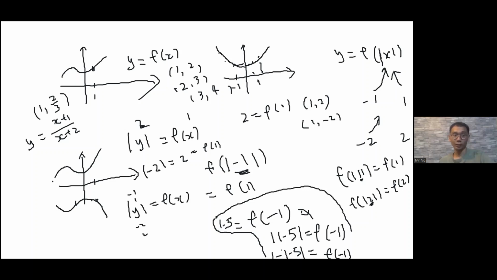Now my new expression is like this. That specific combination should still be 1 and 2 over 3, or it can be 1 and minus 2 over 3.